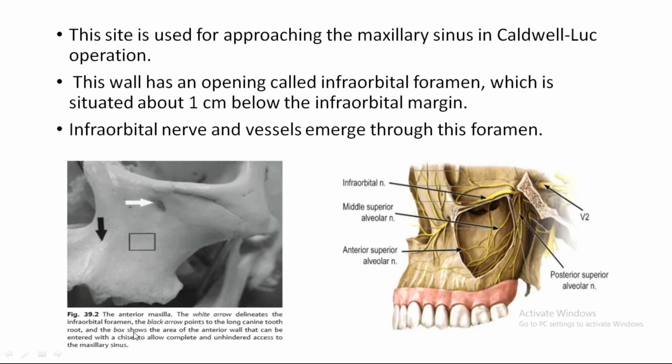So these are the four boundaries of the canine fossa, and this is the site used for approaching the maxillary sinus in Caldwell-Luc operation.